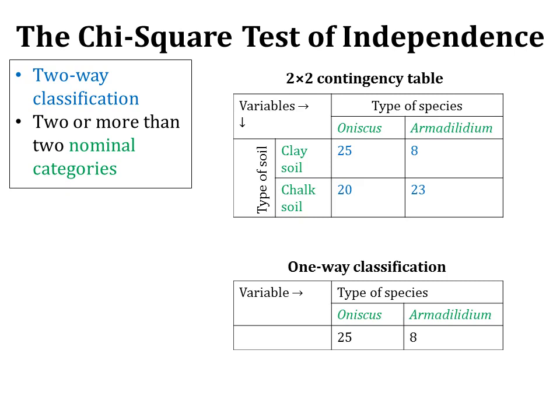So this is the same example, and we are presenting a one-way classification of this example, that is the type of species, Oniscus and Armadillidium. So you can see that there is only one variable, and this is why it is a one-way classification. So a contingency table has a two-way classification in which there are two variables, but a simple one-way classification is that in which there is only one variable.